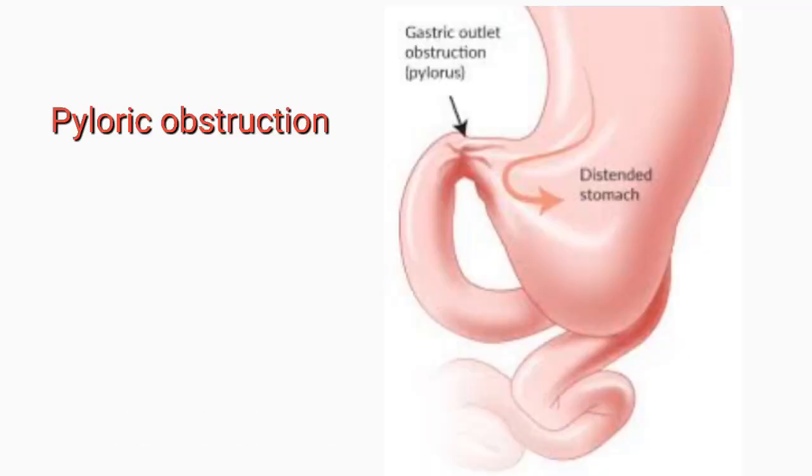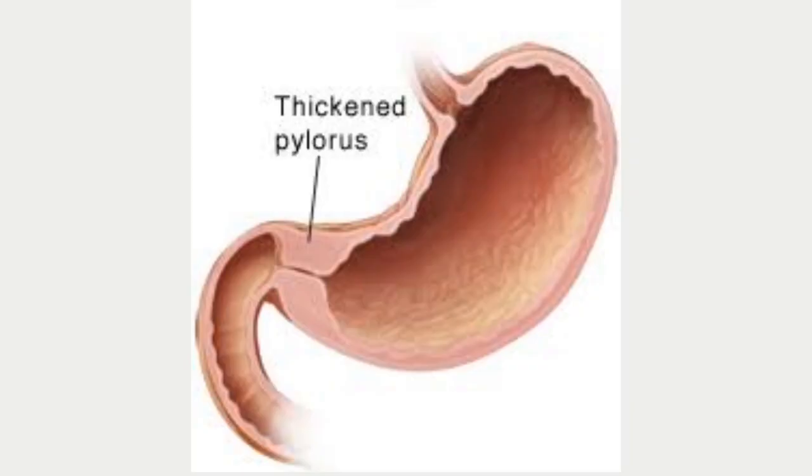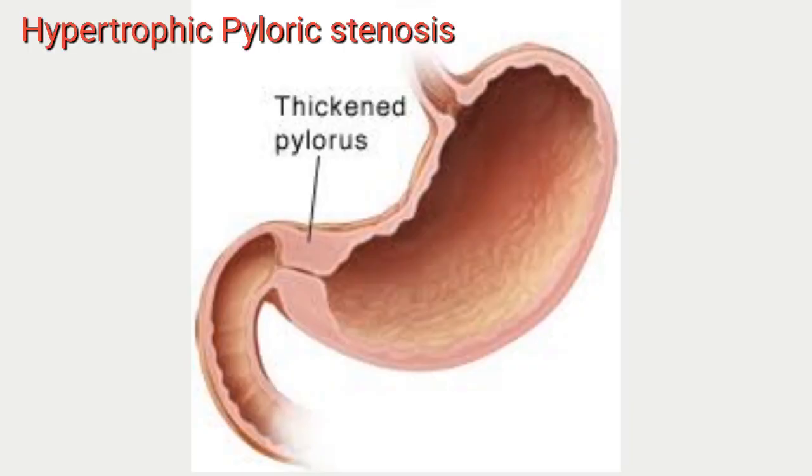Next is pyloric obstruction. It can be congenital or acquired. If there is pyloric obstruction, it causes visible peristalsis in the epigastrium and vomiting after meals. Hypertrophic pyloric stenosis is a congenital defect with a neuromuscular incoordination of a thickened pyloric sphincter.